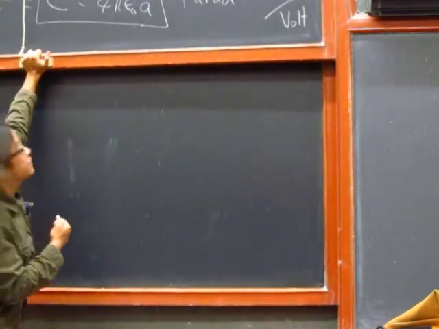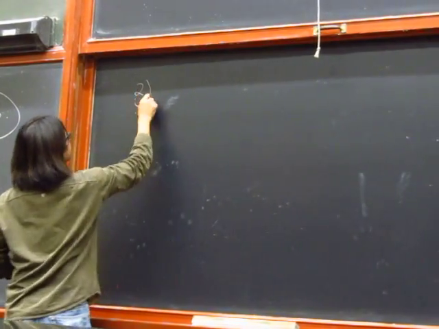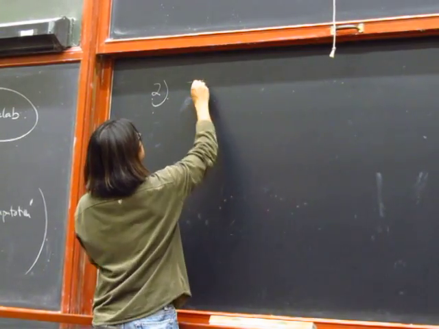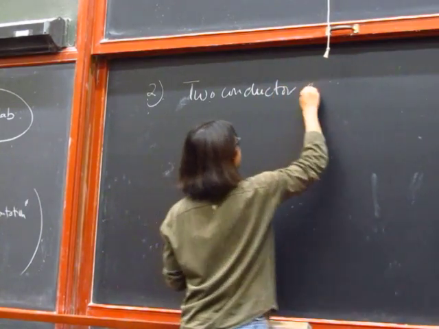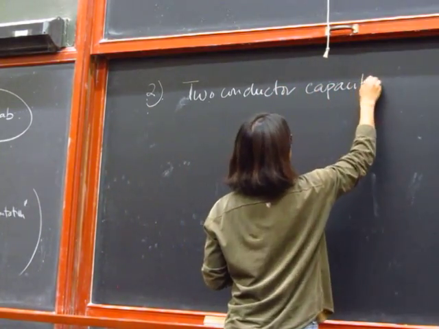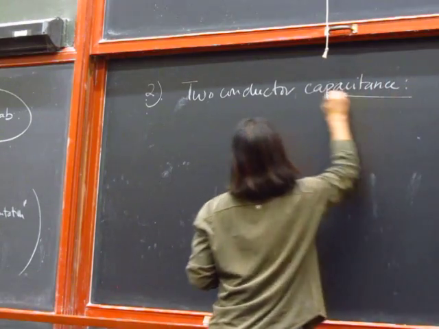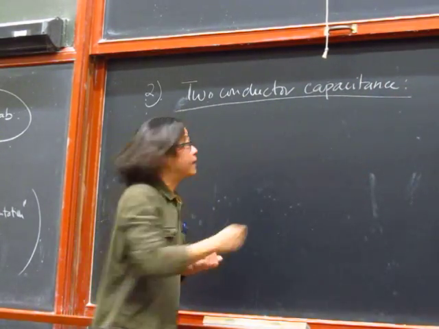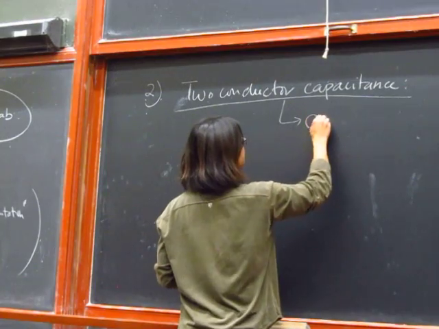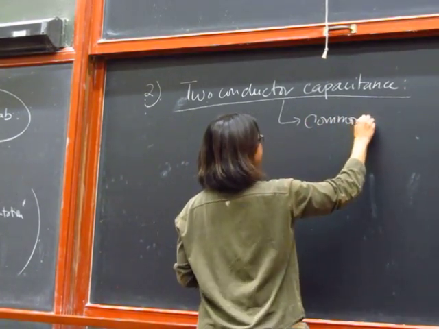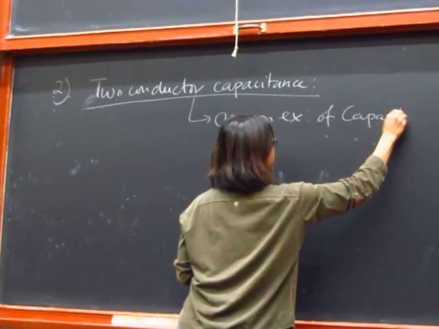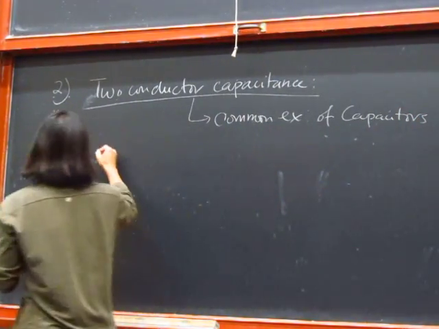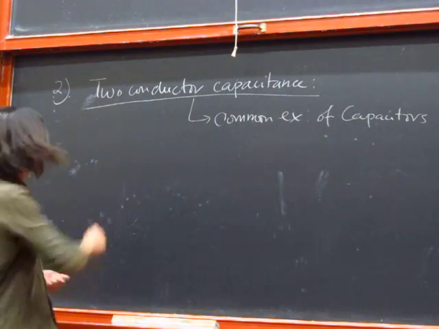So that's self-capacitance. Next thing is two-conductor capacitance. This is a more common example of capacitors. Your canonical example is a parallel plate.